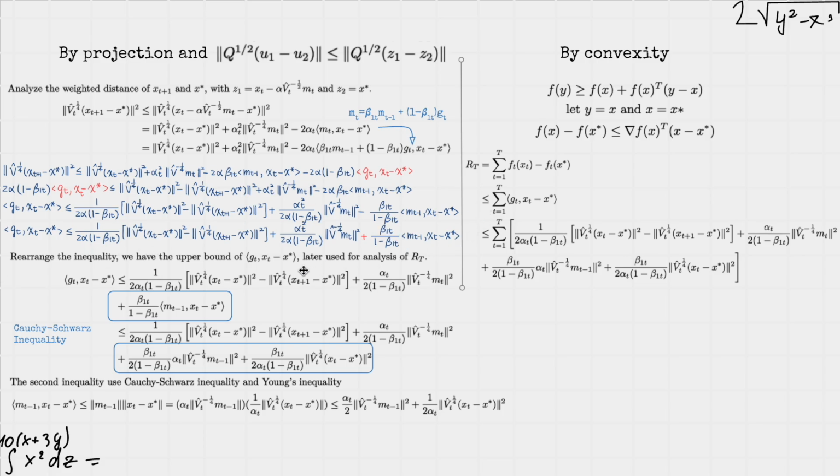And we can further expand it by the Cauchy-Schwarz inequality, which is expanding these two terms with their own norms. By the property of convexity, we derive that the suboptimality gap is no more than the dot product of the gradient and the optimality gap.